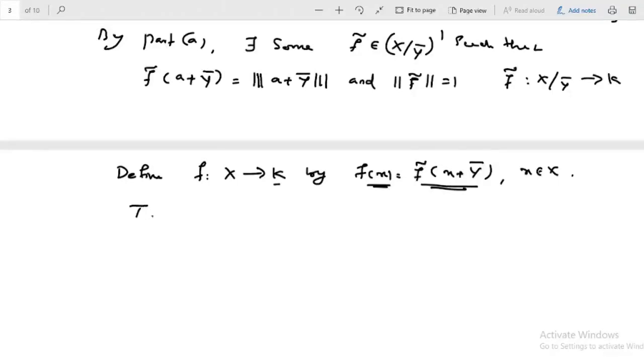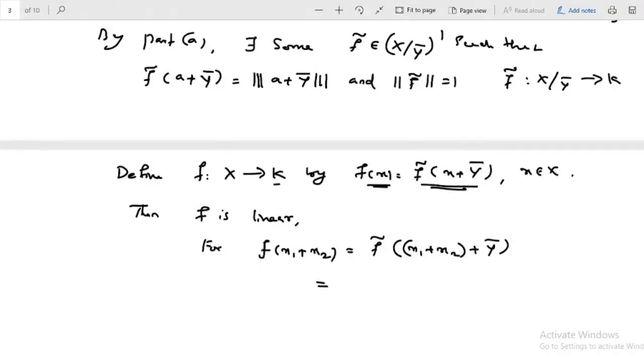F is linear. വളരെ എളുപ്പമുള്ള കാര്യമാണ് f is linear എന്ന് പ്രൂവ് ചെയ്യുന്നത്. For consider x1 and x2 in x, then what is f of x1 plus x2? x1 plus x2 is again in x, therefore it is f tilde of x1 plus x2 plus y closure, and coset in addition നമുക്കറിയാം, then x1 plus x2 plus y closure നെ x1 plus y closure plus x2 plus y closure എന്ന് എഴുതാം.